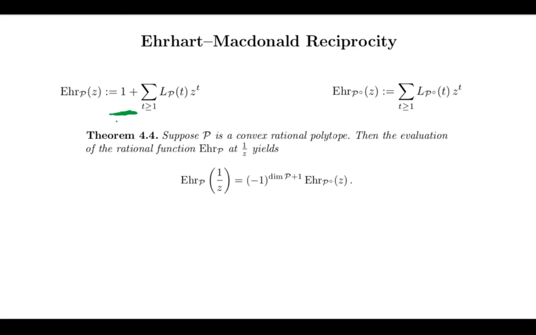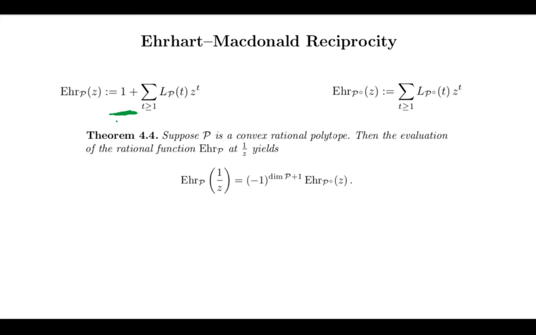I want to do the same thing for the interior of the polytope, so this is this P circle. Here I'm starting my generating function at t equals 1, no constant term, and I invite you to think about why this makes sense. If you think about an Ehrhart series as coming from the cone over the polytope, what that means is that the Ehrhart series is really a special evaluation of the integer point transform of this cone.